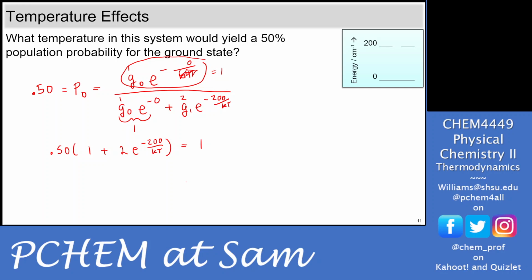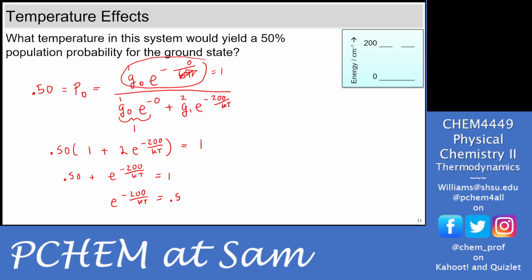So that's our problem simplified a little bit more. Let's multiply the 0.5 through. 0.5 times 2 is going to get rid of the 2. We have e to the minus 200 over kT is equal to 1. Now I could subtract that 0.5 from the right, and so we would say e to the minus 200 over kT is equal to 0.5.